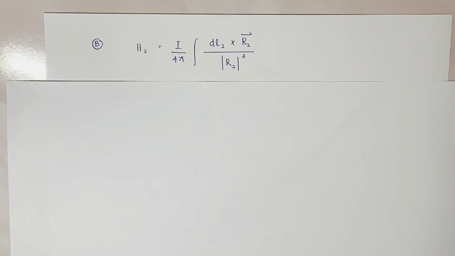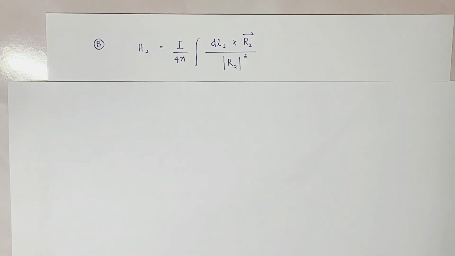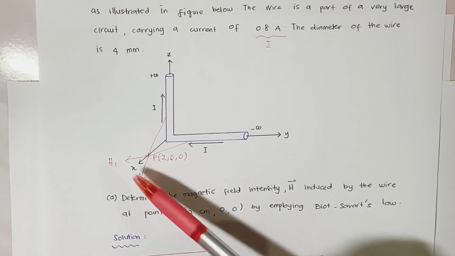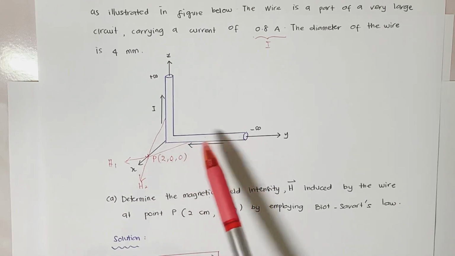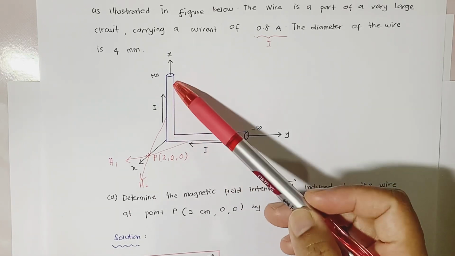The procedure for H2 is similar to H1. In order to find H2, previously for H1 you considered this part of the wire, but for H2 you need to consider this wire.